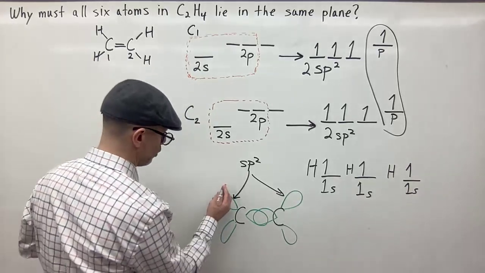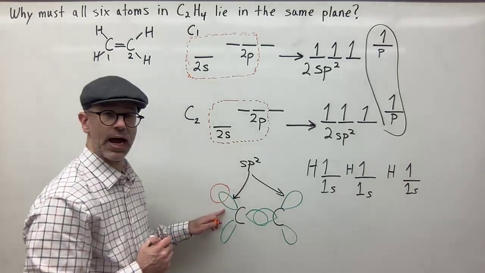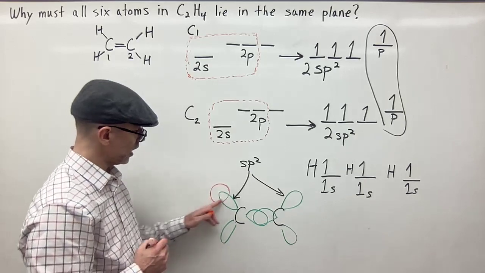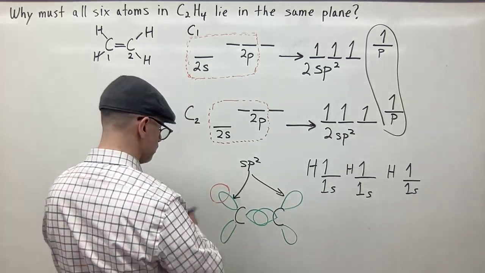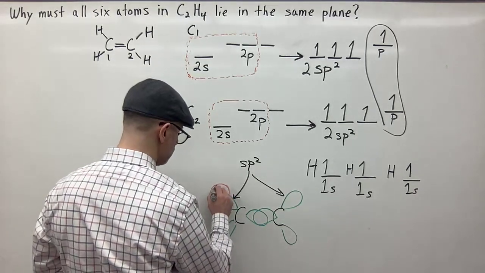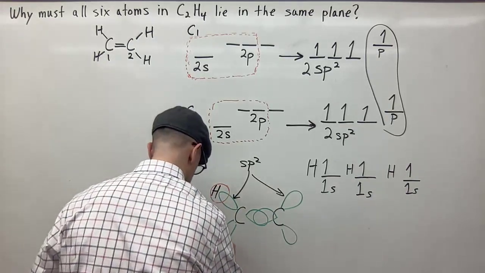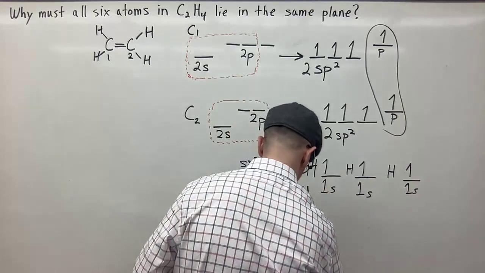And then if I use orange here, there's going to be overlap of the sp2 hybridized orbitals with the unhybridized orbital of the hydrogen. So this is going to be your hydrogen here, right? So there's your hydrogen, here's your hydrogen, here's your hydrogen, and here's your hydrogen.